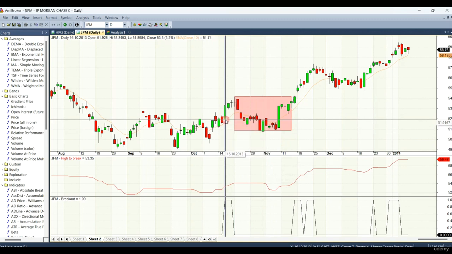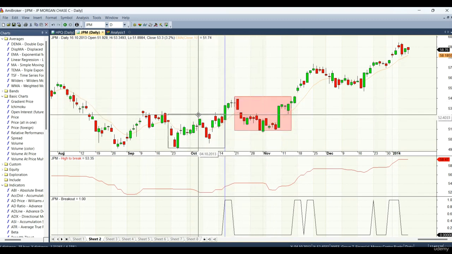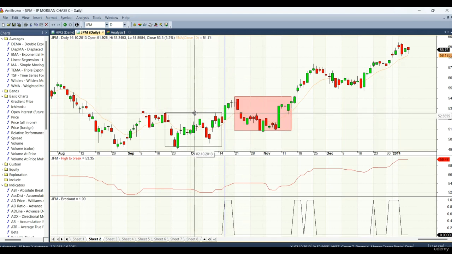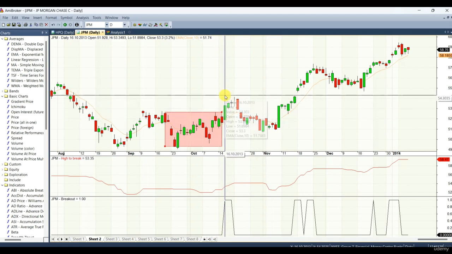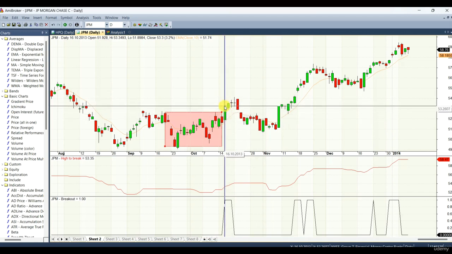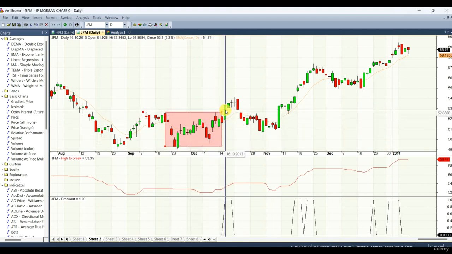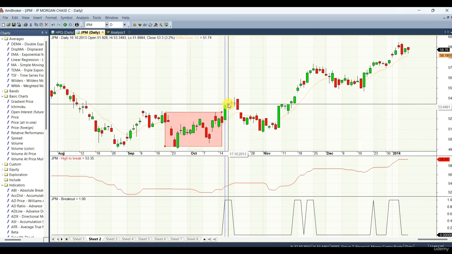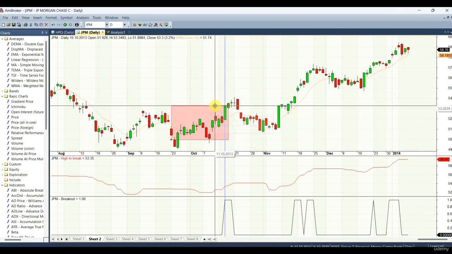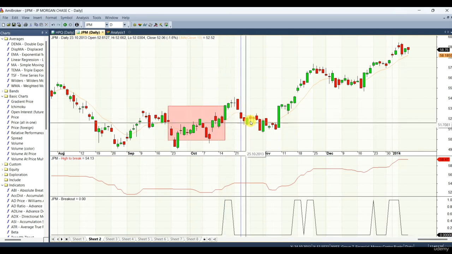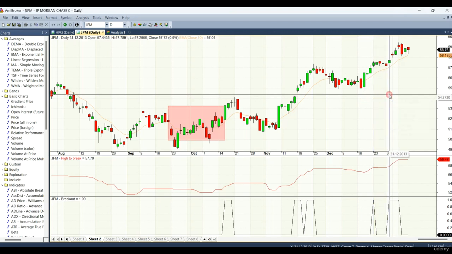What happens here, for example? We are moving our box of 19 bars here. When we are at this candle, we are asking, is the close of the current candle higher than the highest high of the last 19 bars? Yes. And the same applies for this one. And the same logic applies over here.